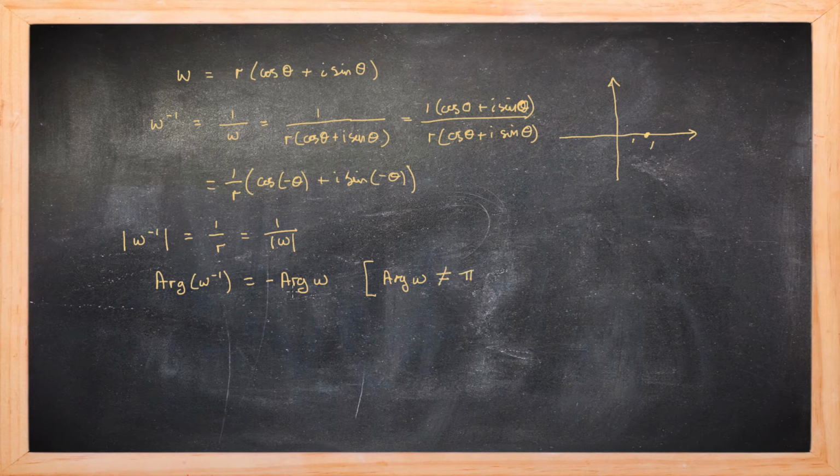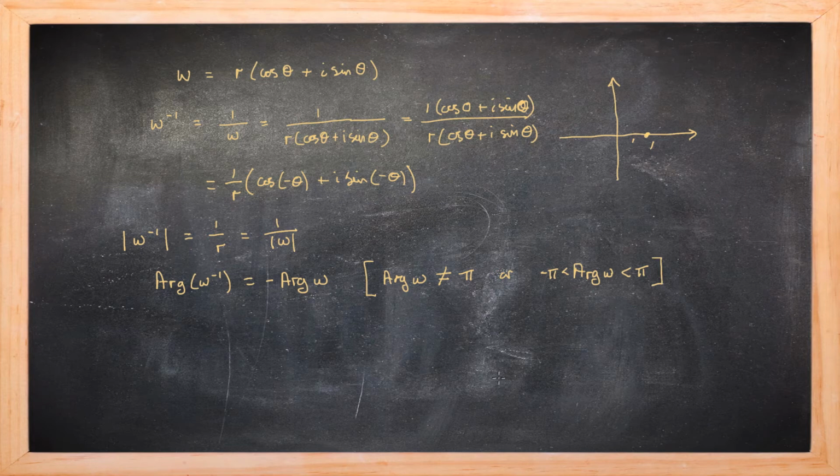If that was the case, then that would make the argument of w to the minus 1 negative pi, which is not in the required range. Another way of saying this is that it's okay, that result, provided that we have argument being from negative pi up to pi and not including pi. So there's strict inequalities in both cases.